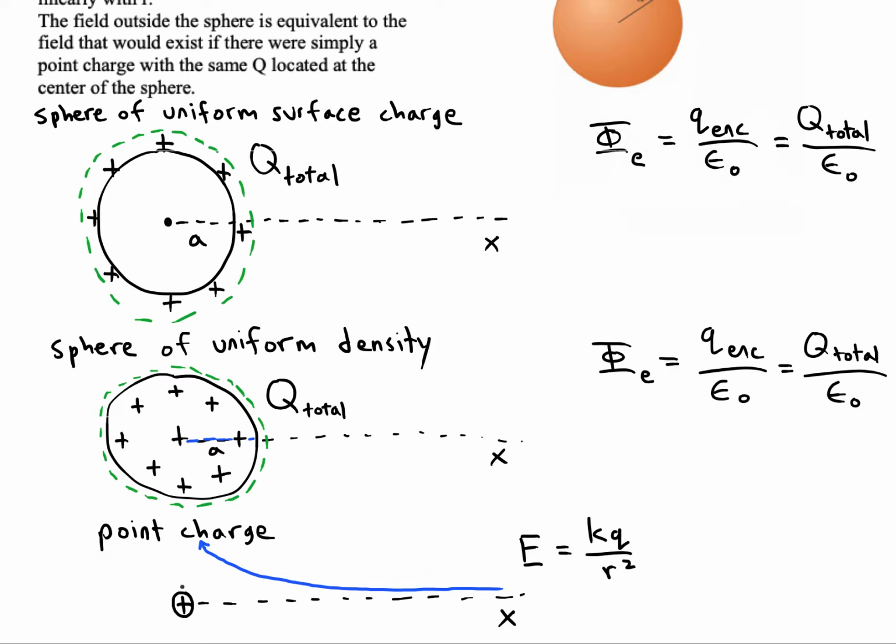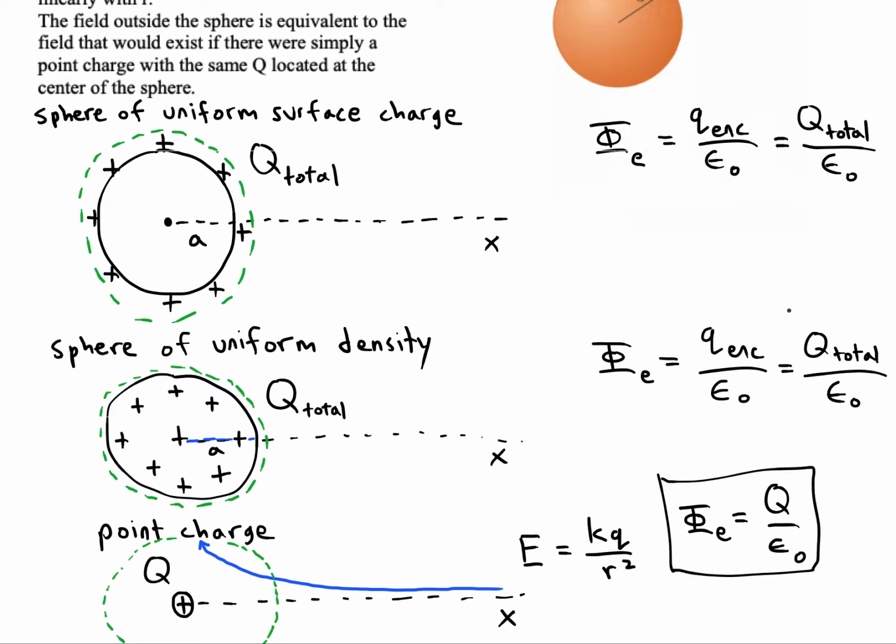And if our point charge had a value of Q, and let's say we made one of these Gaussian surfaces around it, we would see that all the Gaussian surfaces enclose the same amount of charge. And they would have the same formulas in all cases.